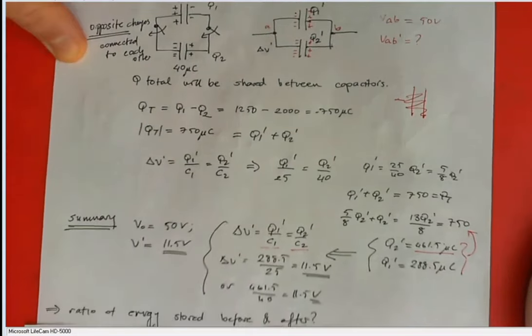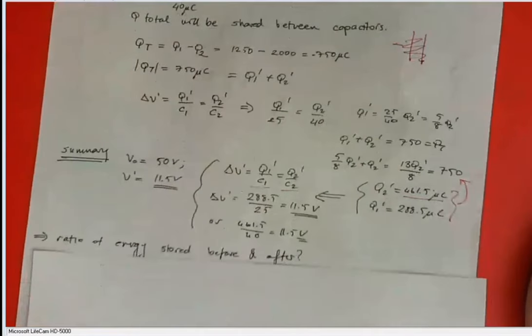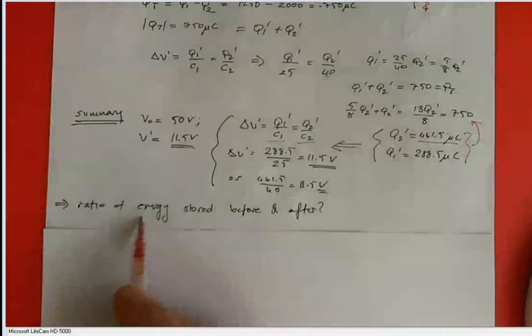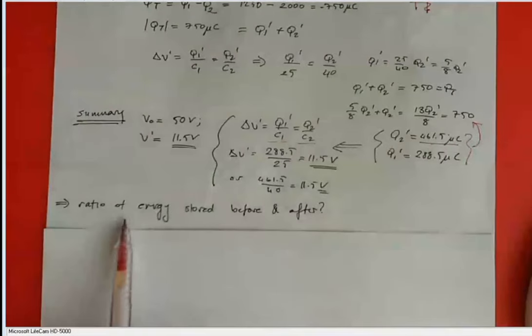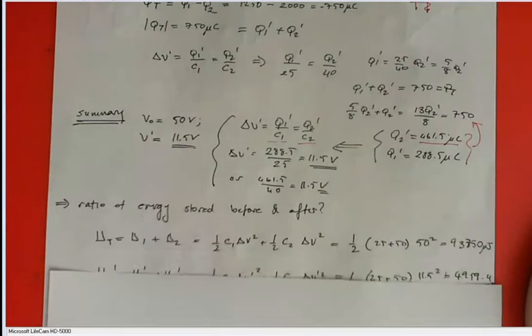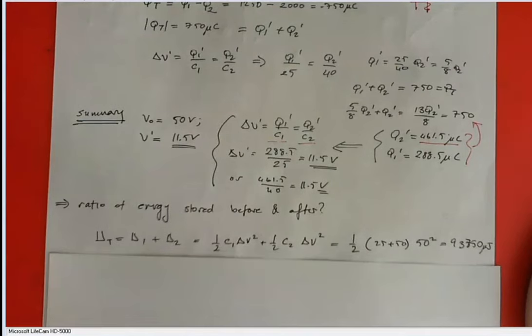Okay, and so we can also add some extra questions. What happened to the energy? The ratio of the energy stored before and after tells us how much of the energy is lost after they cancel out some of the charges. So the total potential energy is U1 plus U2.